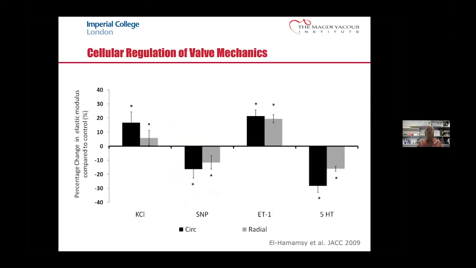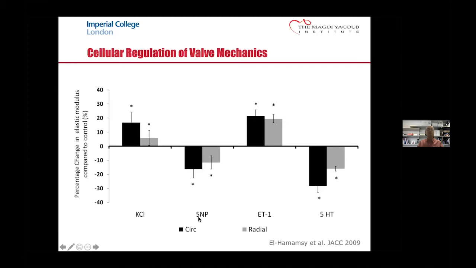And what we were able to show, I'll talk you through this slide, is that with potassium chloride, which is a non-specific chemical way of making muscle cells contract, we could see that there was a 15 to 20% increase in the stiffness in the circumferential and a slightly lesser increase in stiffness in the radial direction of valve tissue.